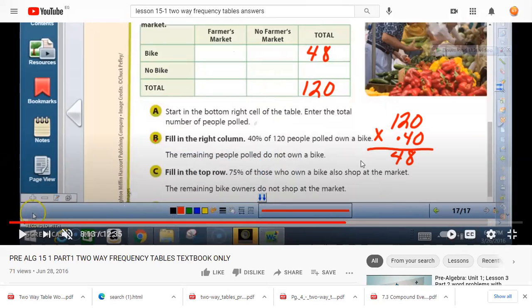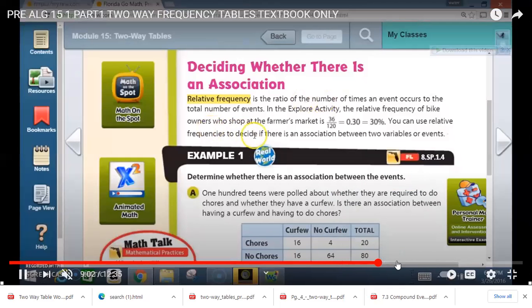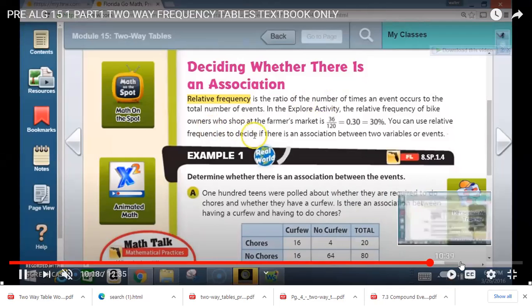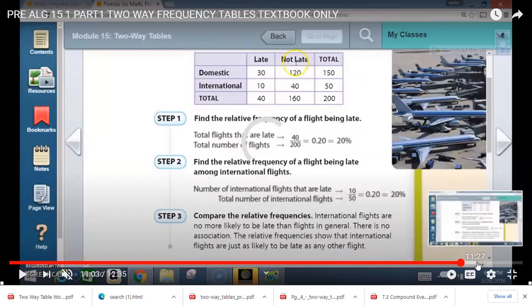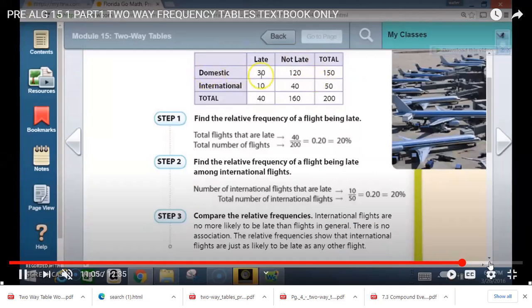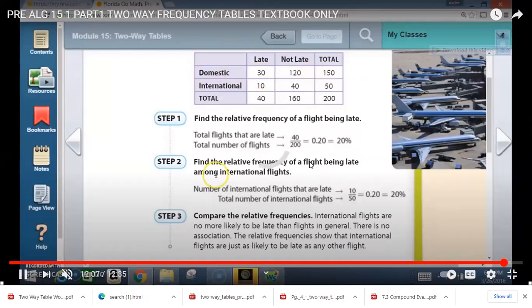At the beginning, what is the total number which you have in this question? The total number was 50, right? Okay, so it will be the key.